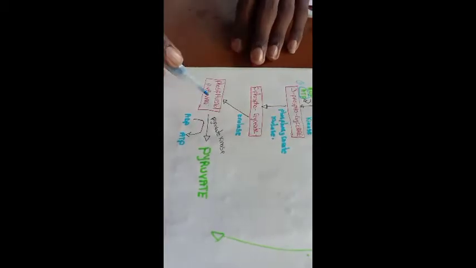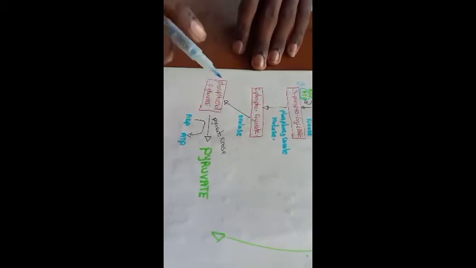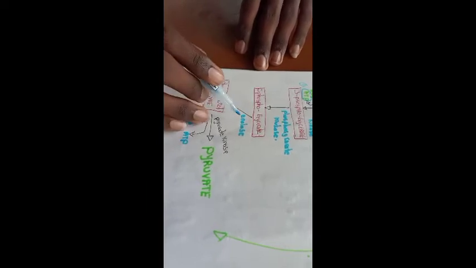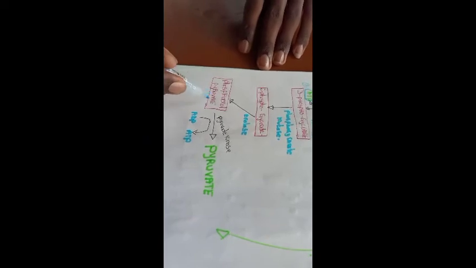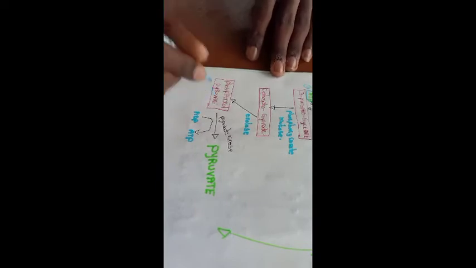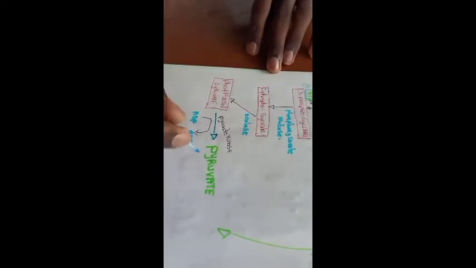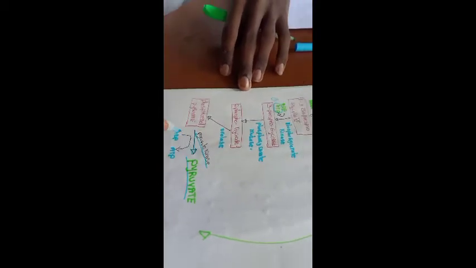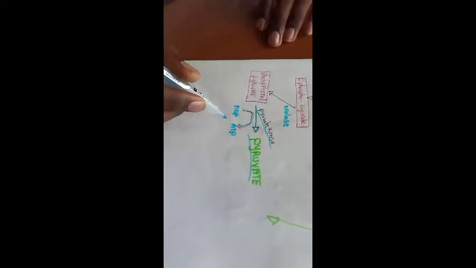And second last, 2-phosphoglycerate is catalyzed by an enzyme called enolase to produce phosphoenolpyruvate. And this phosphoenolpyruvate is going to be converted to pyruvate by an enzyme called pyruvate kinase. And here we form an ATP, where ADP is converted to ATP.